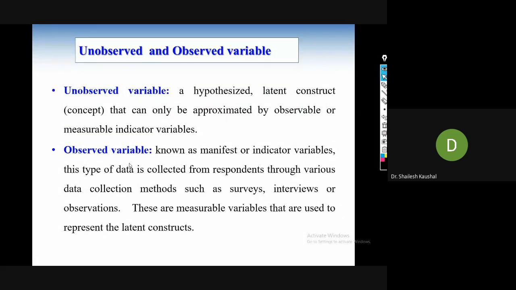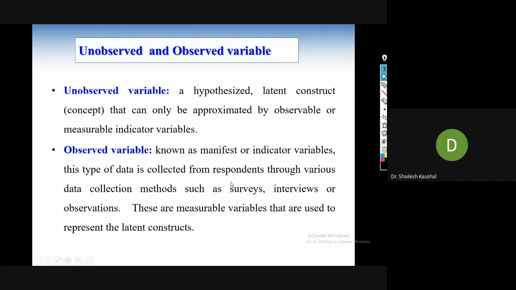Unobserved variable means the latent phenomena which cannot be directly measured. Unobserved means a latent construct that can only be approximated by observable or measurable indicator variables.